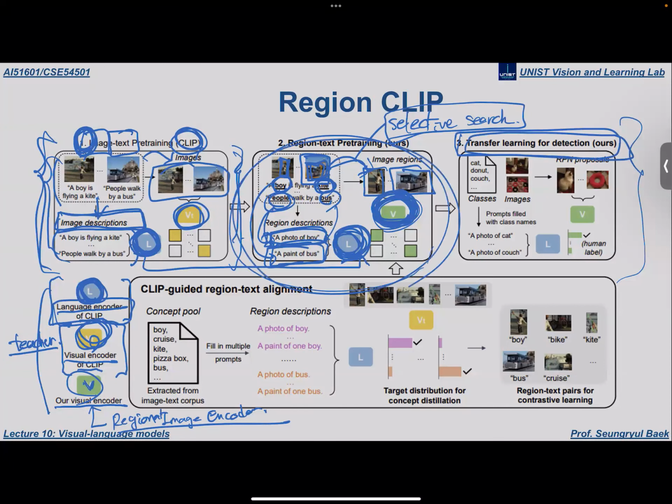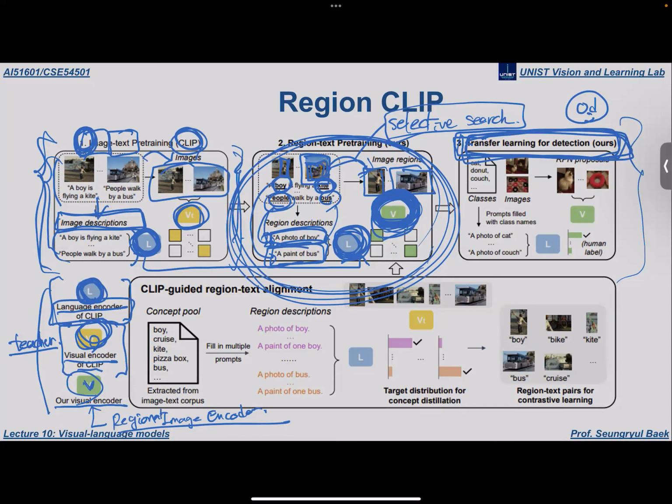So when you do this, you replace the image feature part of some object detector using this CLIP encoder and train further for the object detection task. That's here, transfer learning for detection.